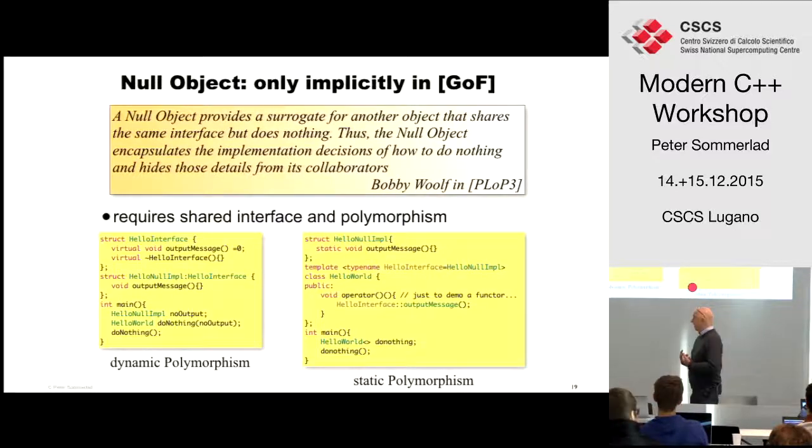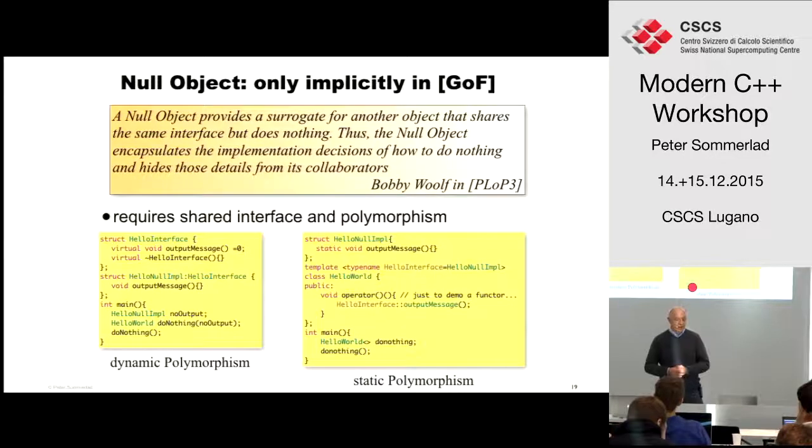Instead of passing, in Java, a null reference, or in C++ a null pointer to say there's nothing there, that means you always have to check if something is null, and if it's not null, you call out to that object.